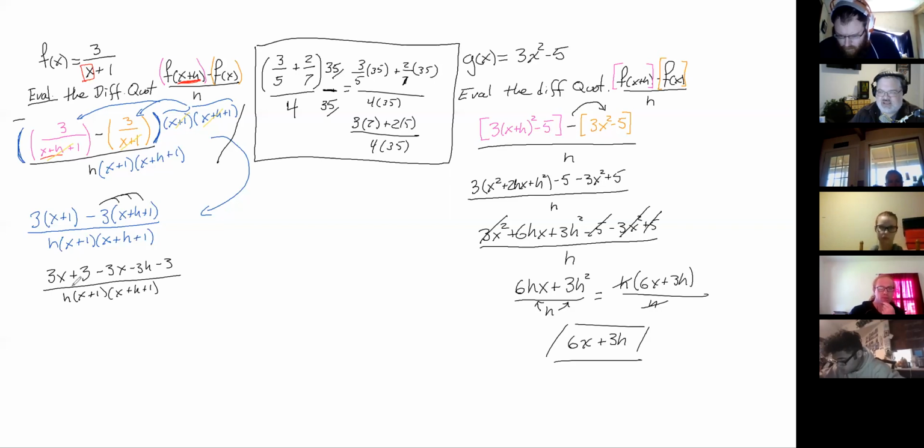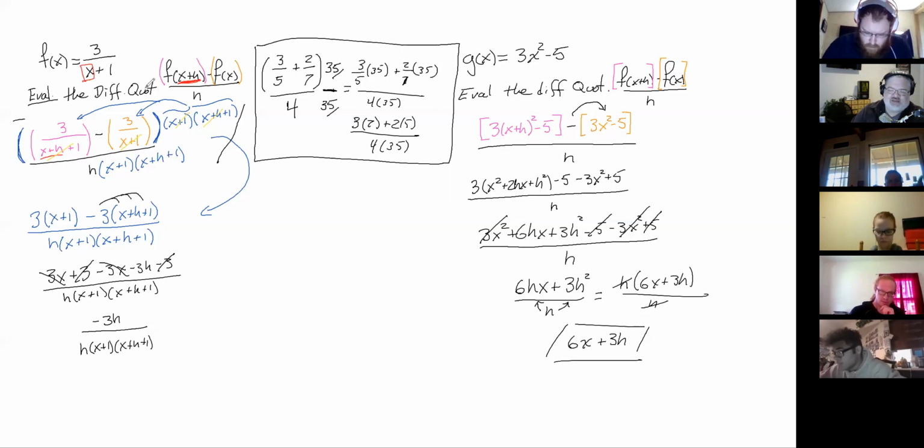But notice, just like it was doing before over here with our polynomials, this 3x and that negative 3x now cancel. This 3 and that negative 3 now cancel. So that numerator has turned into a negative 3h over h times x plus 1, x plus h plus 1.